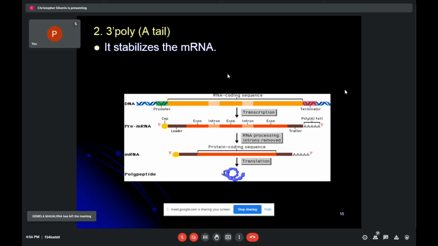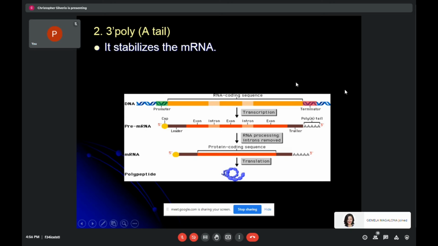They have to place a poly-A tail in their connection so that it will become stable. Their connection wiring is like a messenger RNA, so in order that it will become stable, you place a poly-A tail.